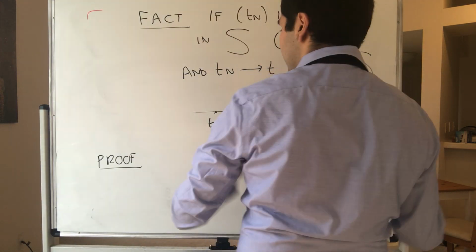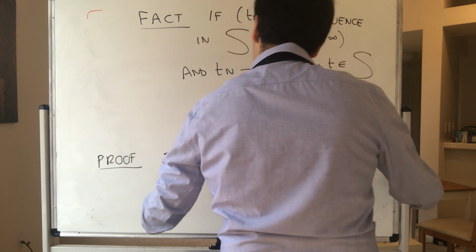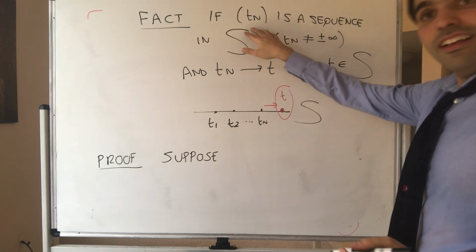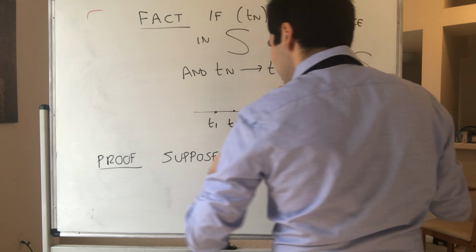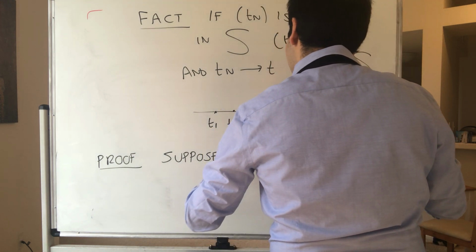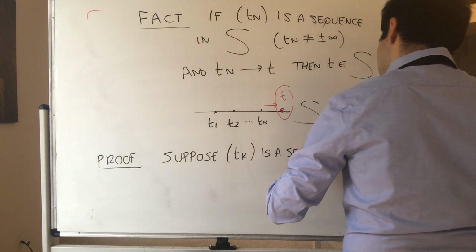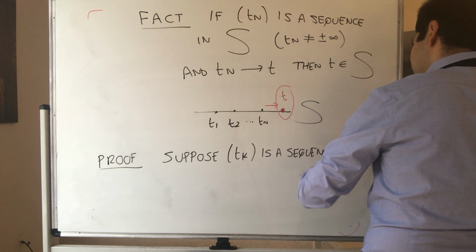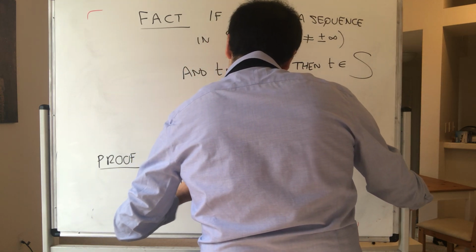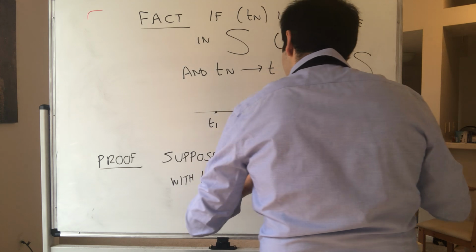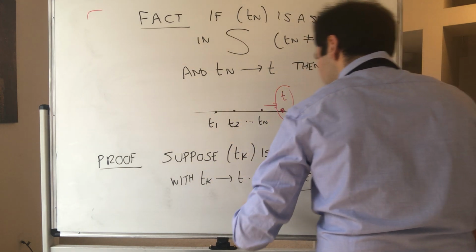So here's the thing. Again, suppose, I'm not going to use n, I'll use k for reasons that will be apparent very soon. So suppose tk is a sequence in S with tk converging to t, and our goal is we want to show that t is in S. Okay.